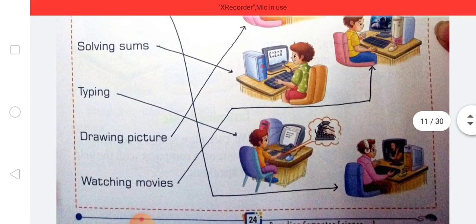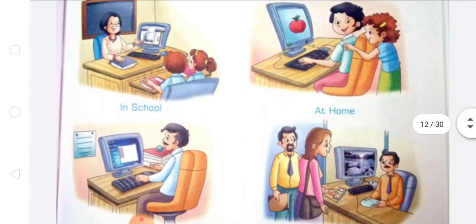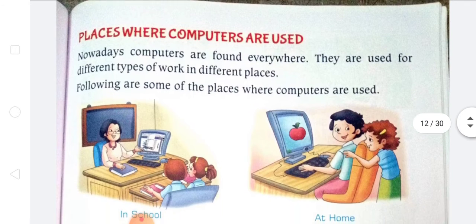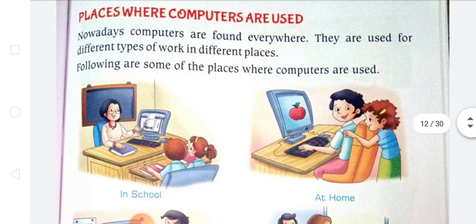So these are the uses of computer, and now we see the different places where computer is actually used. So in the present time, everywhere you see the computer is used, okay.